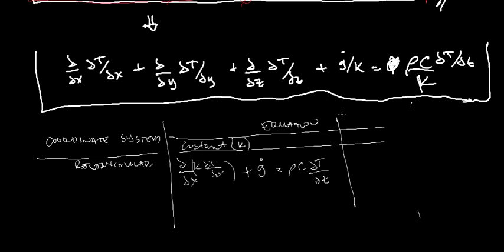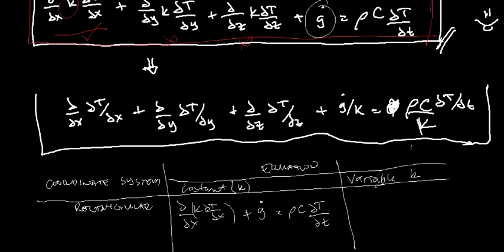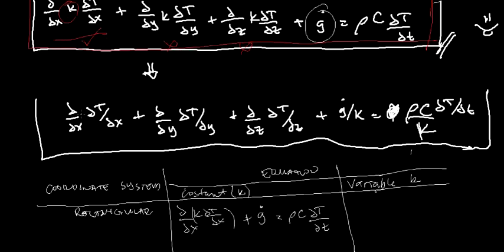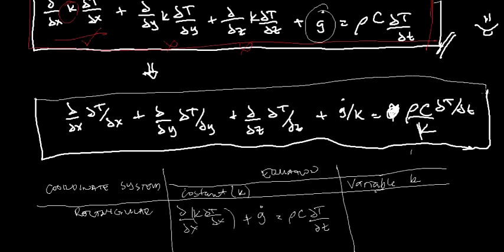And if we have a variable k, then we can express this like this. Okay, so we can divide both sides by k.